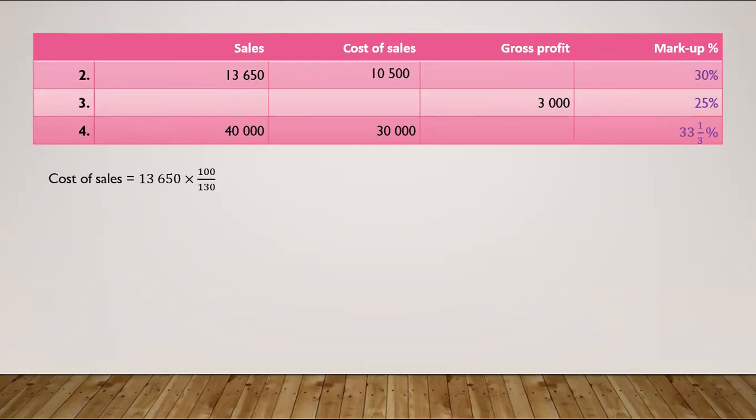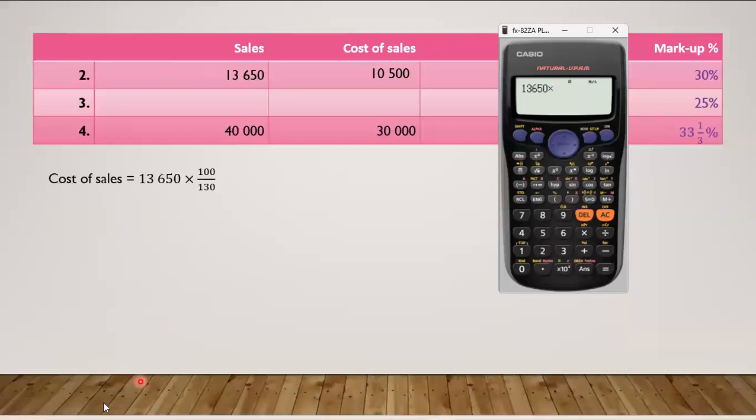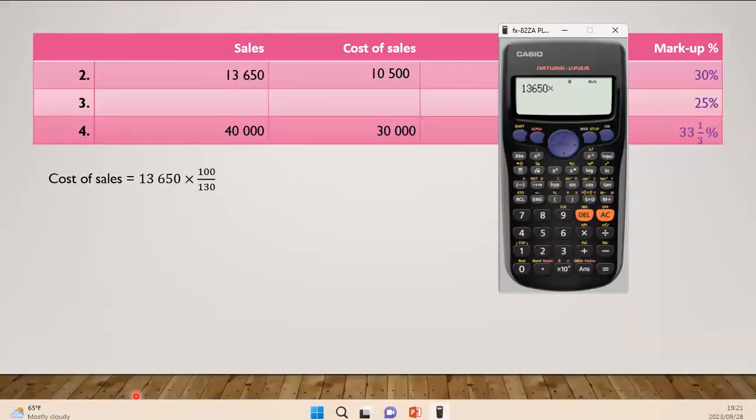Now, using the same sales value, how would I calculate gross profit? I will take the sales value that I am given, which is 13,650, multiply that by 100 because, well, I'm not looking for cost of sales. I'm looking for gross profit. So my gross profit percentage, let me go back and see what my gross profit percentage is.